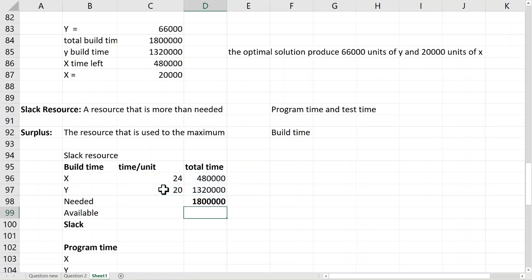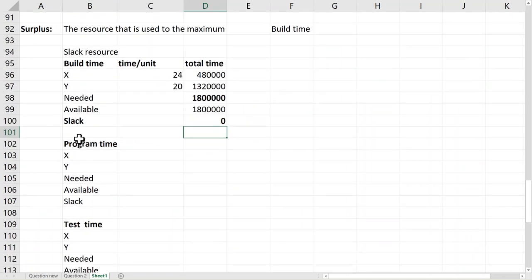Adding it together, available is 1.8 million, and you can see nothing is left. Sorry, there's no slack here. This was actually surplus, and the others were slack. So you could say it is surplus.